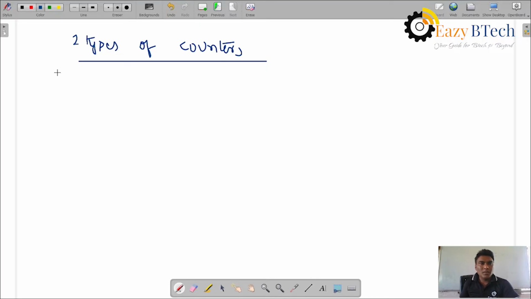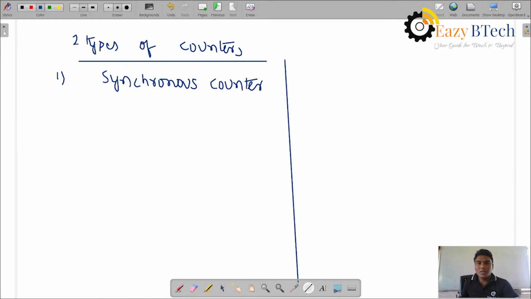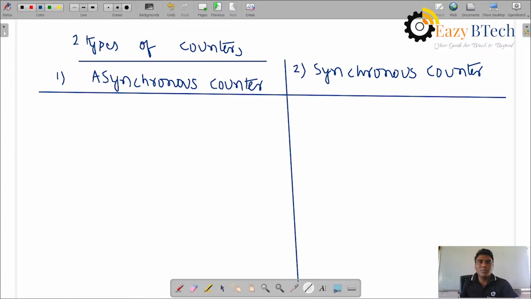Mainly, the difference between asynchronous and synchronous counters will be asked in examinations, so it is important.